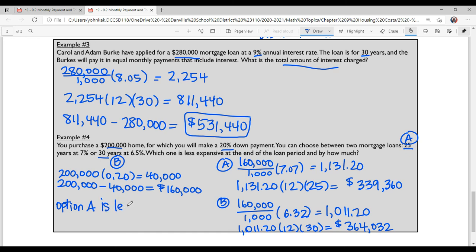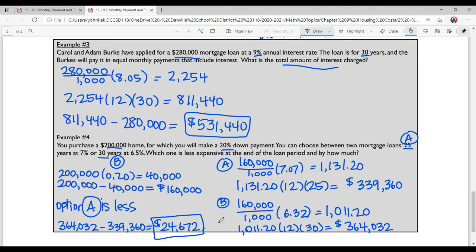So I said option A, and that's because it's got a lesser amount that we repaid. The question also is by how much. So I can take the bigger price, $364,032, and subtract the cheaper price, $339,360, and that gives me a difference of $24,672.